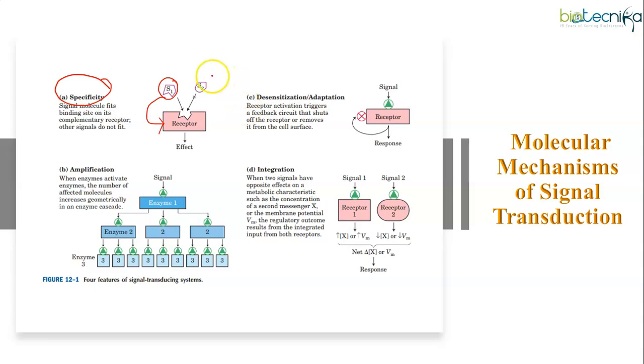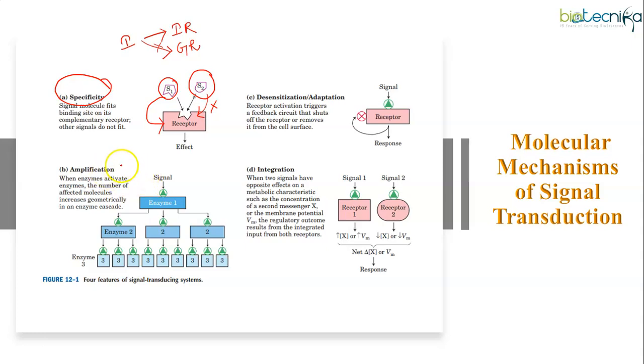If another molecule comes and tries to bind to this receptor, it is not possible, because they lack complementarity. For example, insulin will bind to the insulin receptor only. It will not bind to the glucagon receptor, because of lack of complementarity.